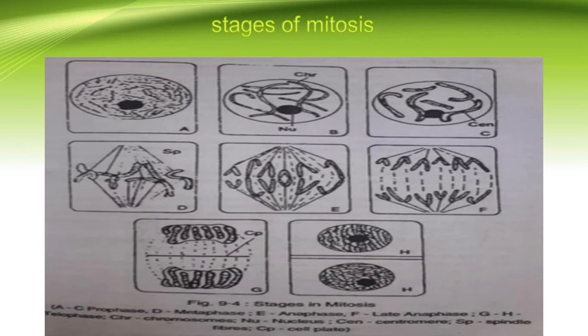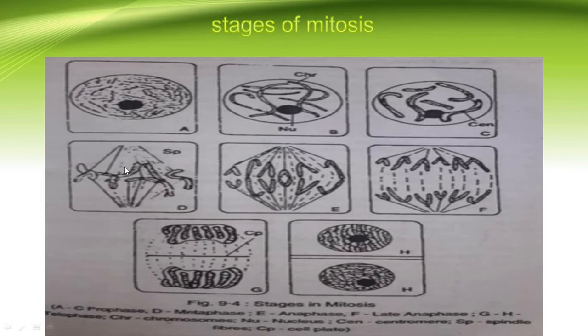The spindle fibers are formed with the help of these chromosomes. They are aligning towards the equatorial plane of the cell. This arrangement of the chromosomes at the center is what we see in metaphase.